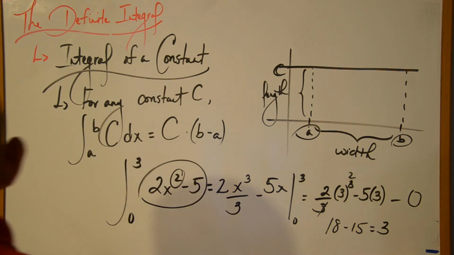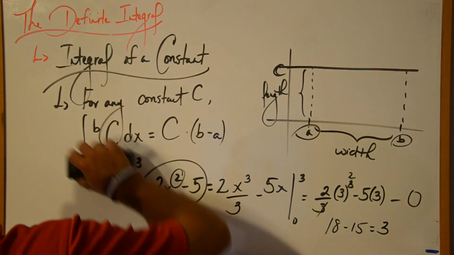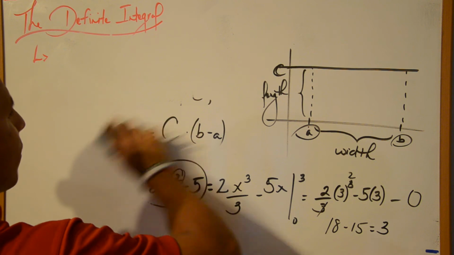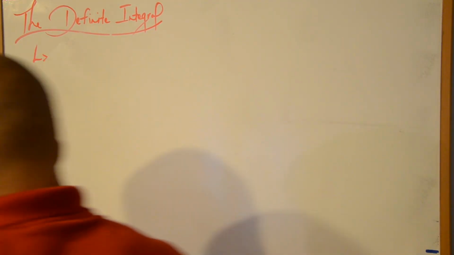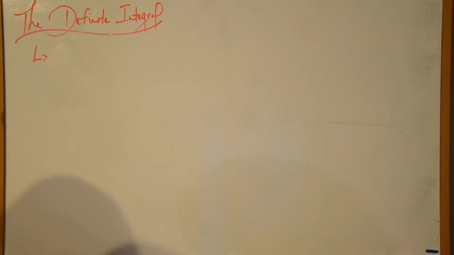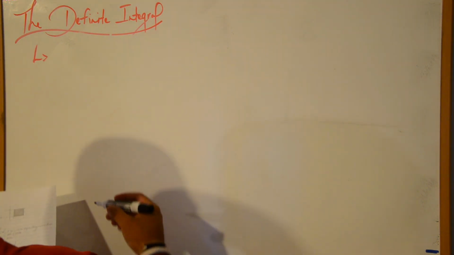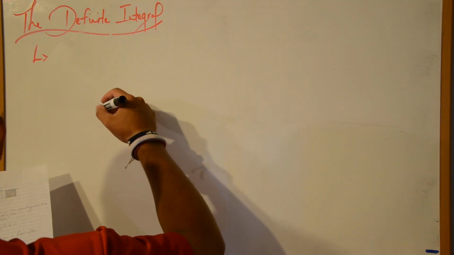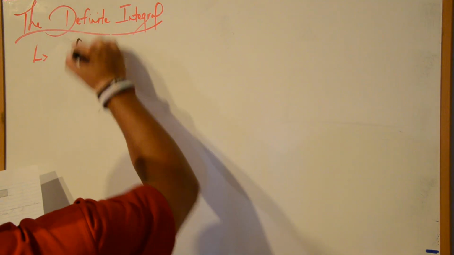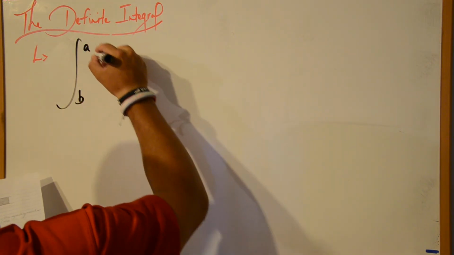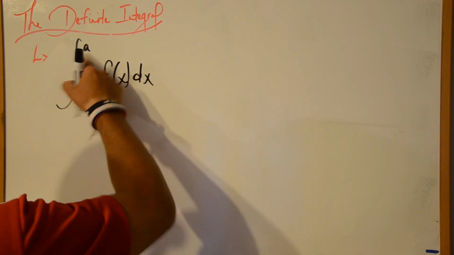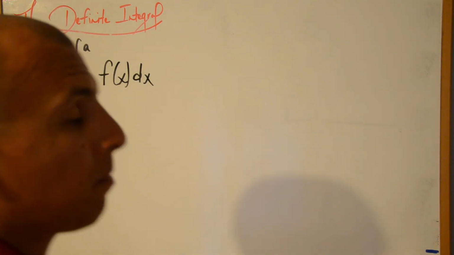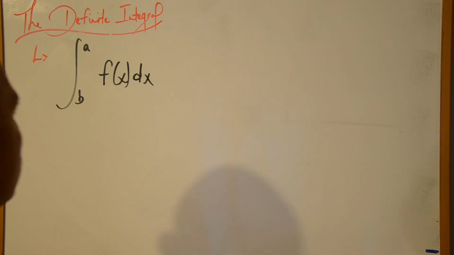What happens though in the event you have a graphical situation that unfolds like this? You have the integral from b to a of f of x dx, but b is greater than a. Okay, we can't go backwards.